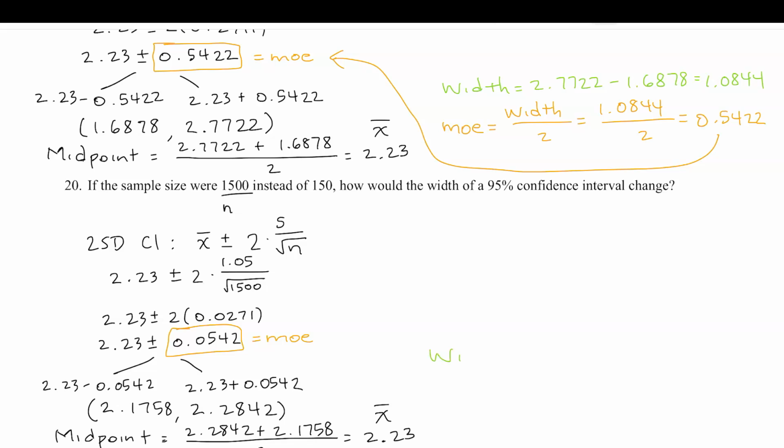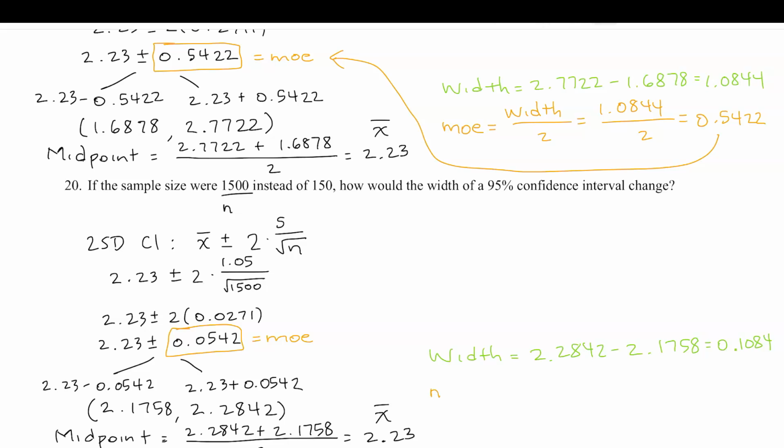I can also find the width of my interval by taking the high value, 2.2842, and subtracting the low value, 2.1758. And when you do that, you should get a width of 0.1084. Which again, if you compare to the previous width, it's the previous width divided by 10 gets us this new width.